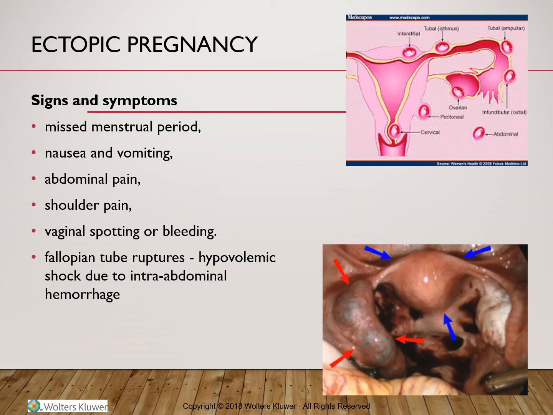Now, there are some factors that will influence the development of an ectopic pregnancy, and those are factors that will prevent the fertilized egg from traveling down the fallopian tube. So it plants before it reaches the uterus. Any type of adhesions or scarring or narrowing of the fallopian tubes may block the zygote's passage through the fallopian tube into the uterus.